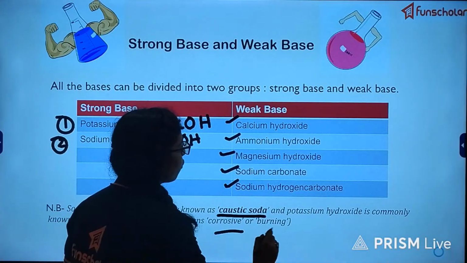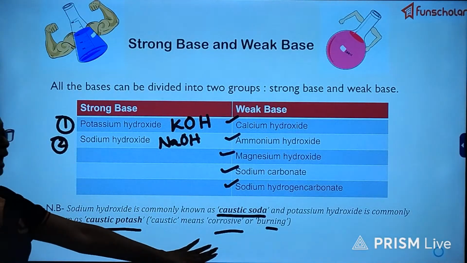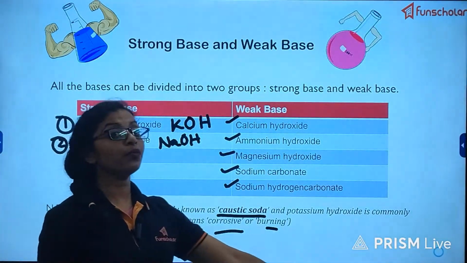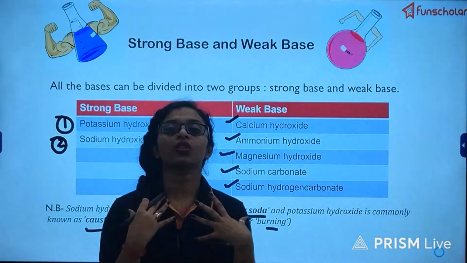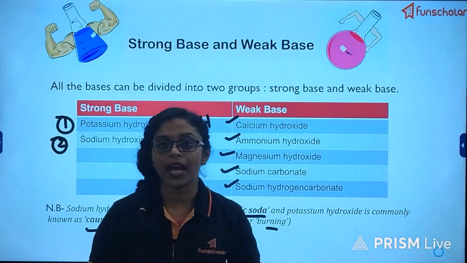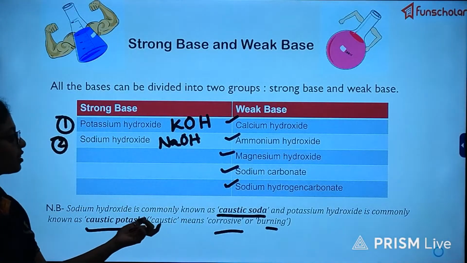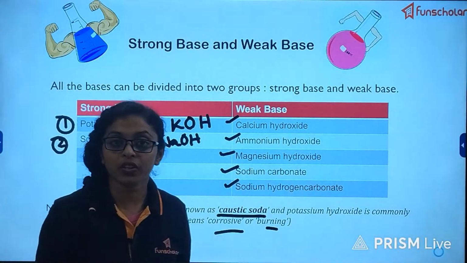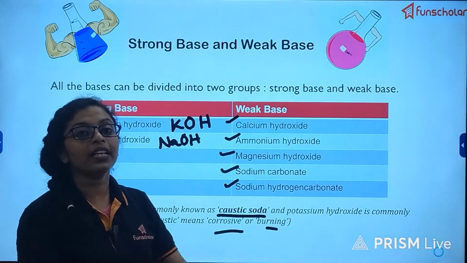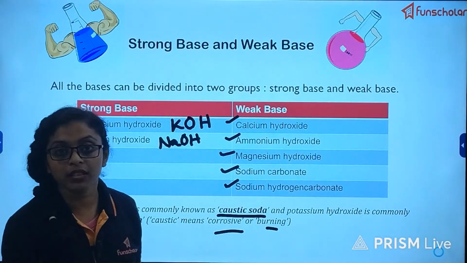Caustic means corrosive or burning. When we were dealing with the properties of acids, we discussed how acids can be corrosive, right? But here, this word caustic itself is saying that these things also can be corrosive. It can create irritation in your skin, it can corrode your skin.